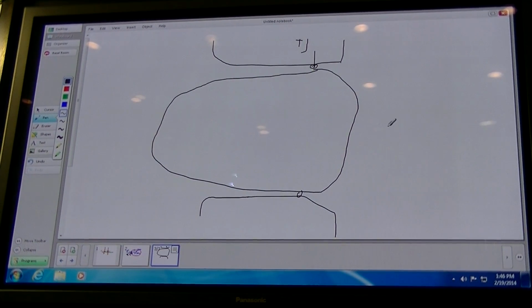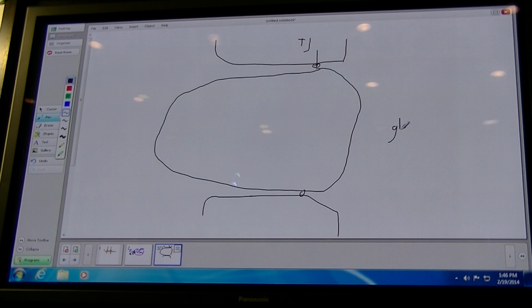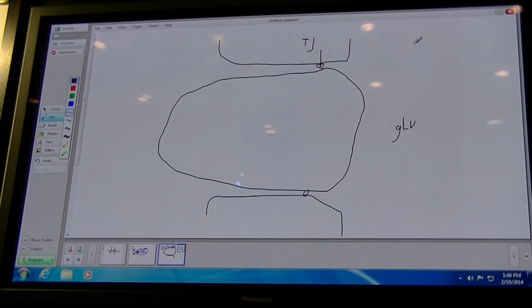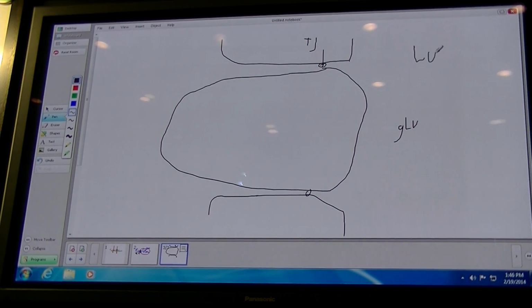Okay, so we need to get glucose into our body. This is the lumen of the gut.